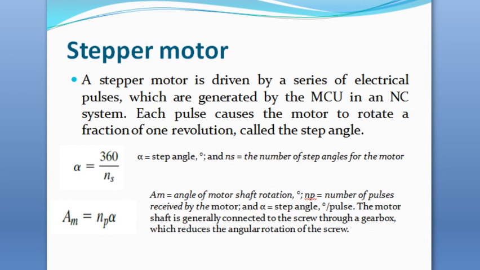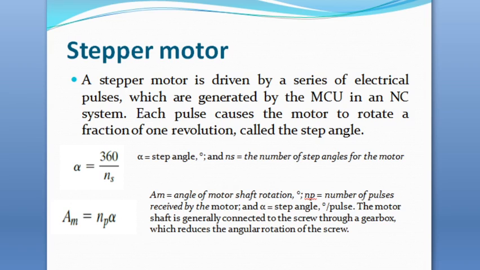A stepper motor is driven by a series of electrical pulses which are generated by the control unit in an NC system. Each pulse causes the motor to rotate a fraction of one revolution called step angle. The control unit sends continuous pulses, so the stepper motor rotates continuously.